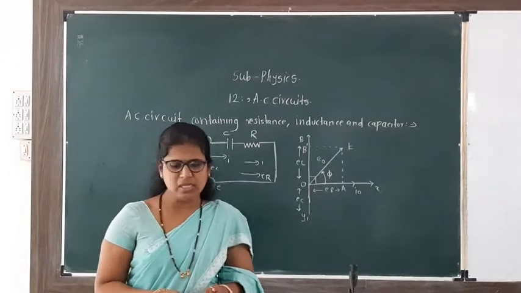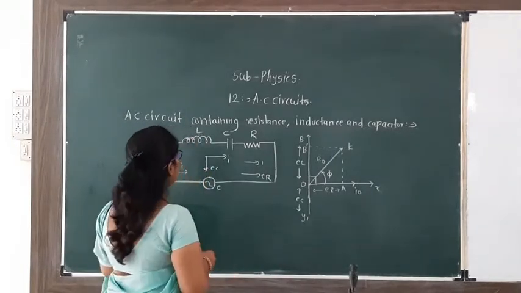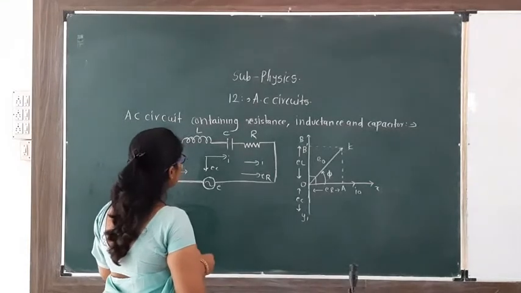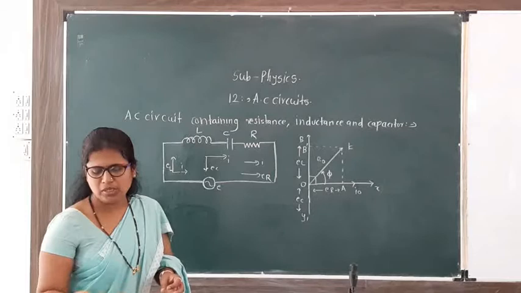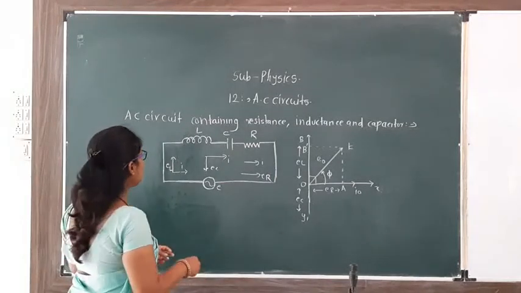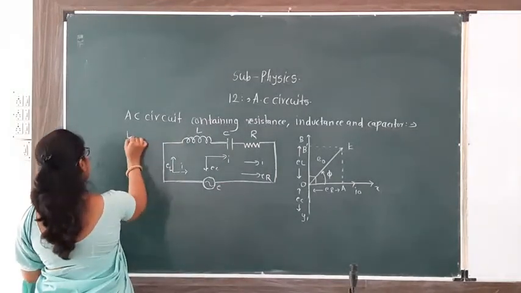The pure resistor is denoted by letter R, the pure capacitor by letter C and the pure inductor by letter L, all connected in series. So this circuit is called the LCR circuit.